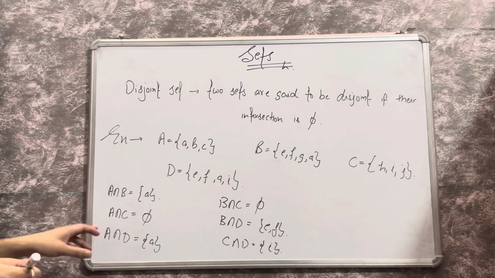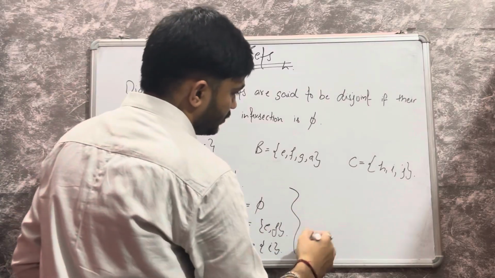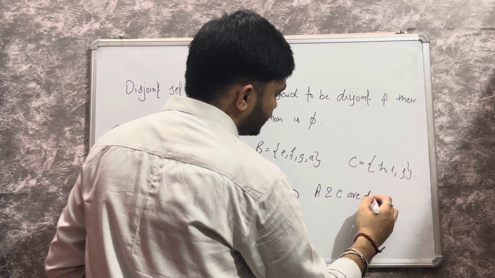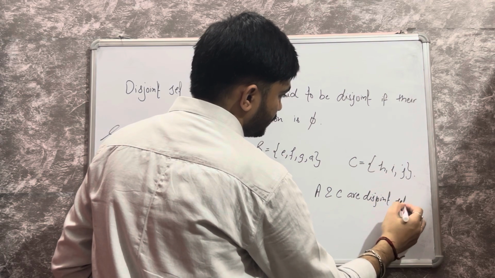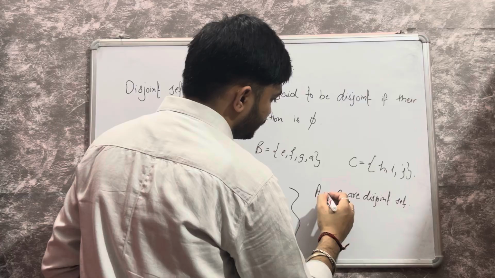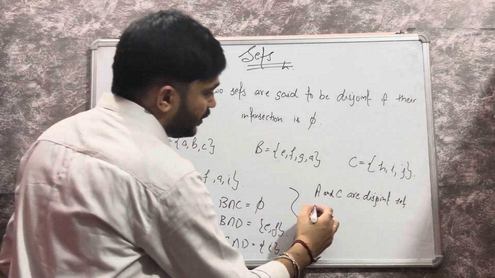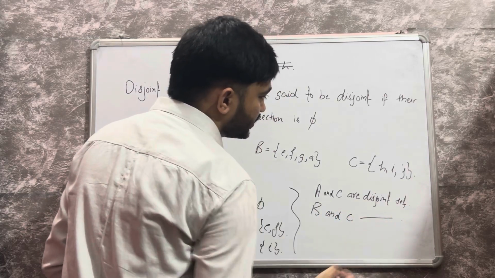It means that A and C are disjoint sets. How are we going to write it? A and C are disjoint sets, and B and C are disjoint sets here.